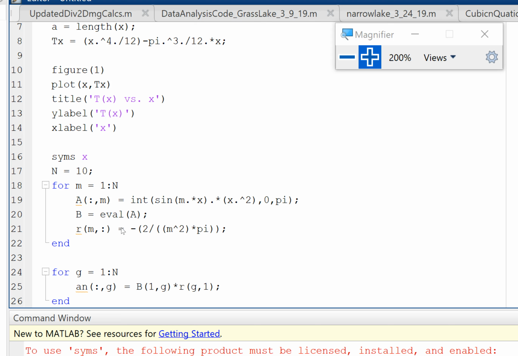That right there, it's basically saying sine of mx times x squared is an actual equation now. Okay, we didn't plug anything in for x. But in order to integrate, which is this int, we have to make x a symbolic. So we're integrating this equation from 0 to pi.